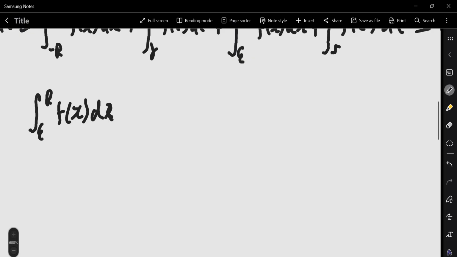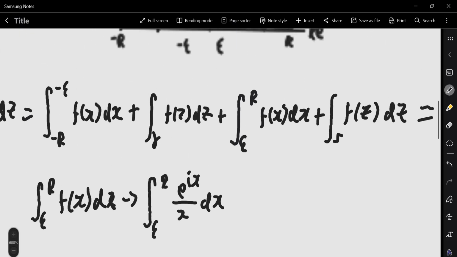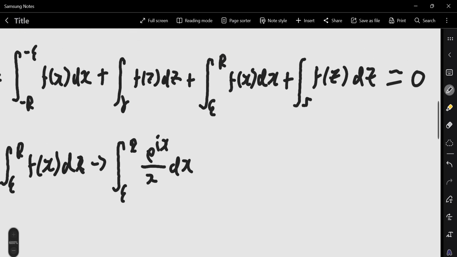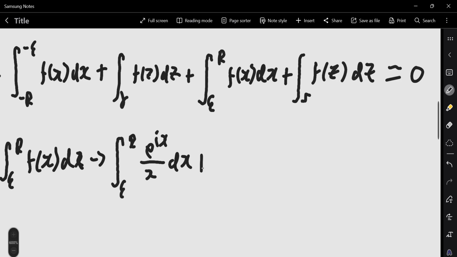Now, this is the integral between epsilon to R of, what did we say? e to the ix over x dx. Okay. And now we're adding to it the integral between minus R to minus epsilon. And what we're going to try and do is make these the same, sort of.